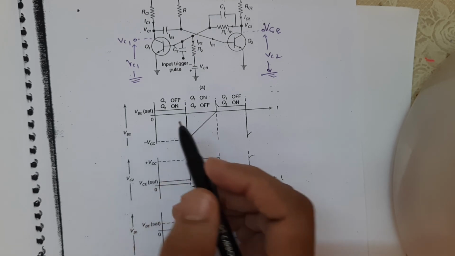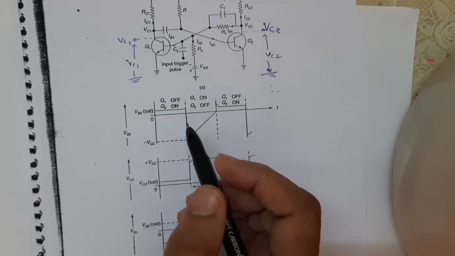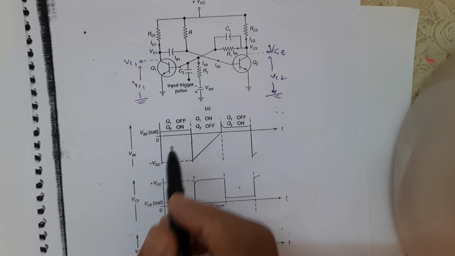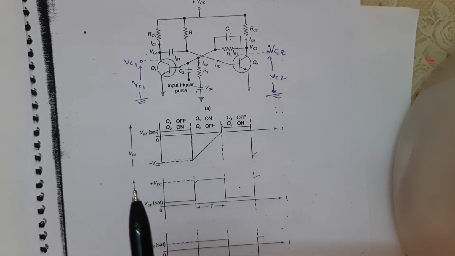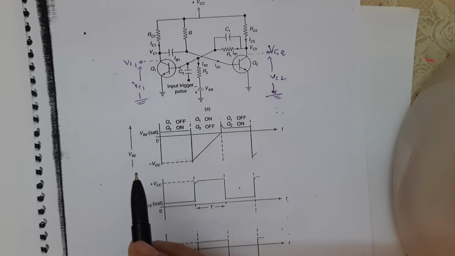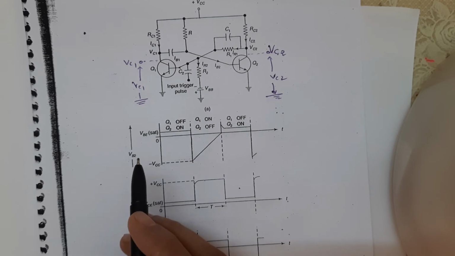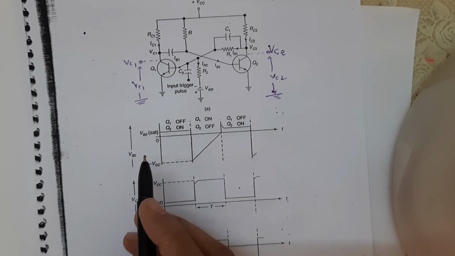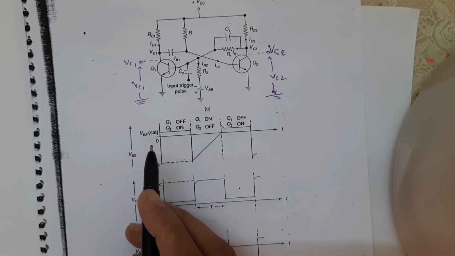Now the rise in voltage VC1 is coupled through C1 to the base of Q2, causing a small overshoot in voltage VB2. Hence Q1 is off and Q2 is on.